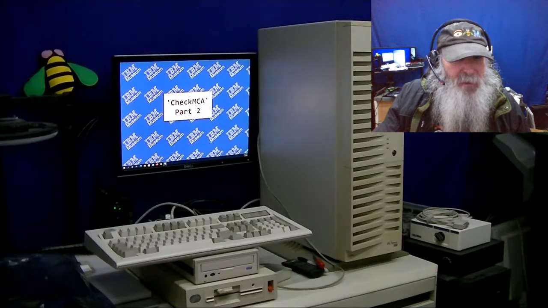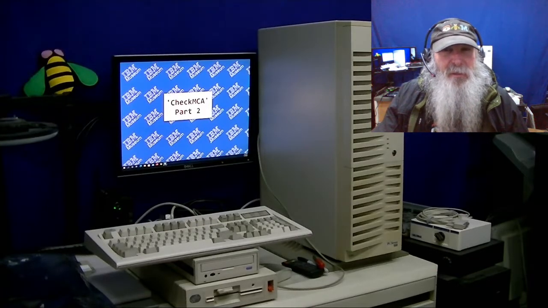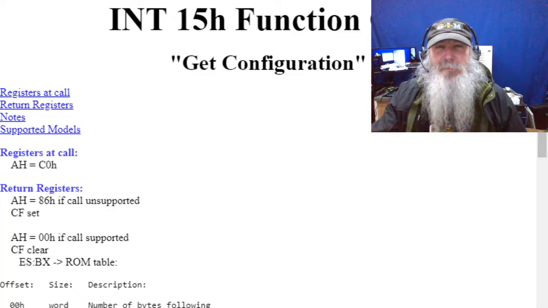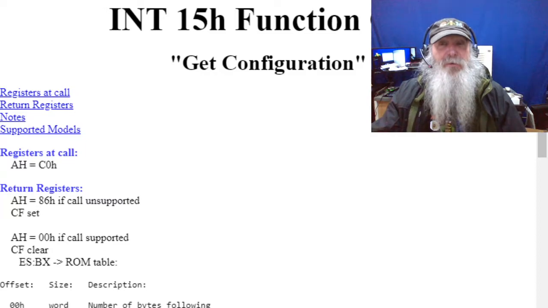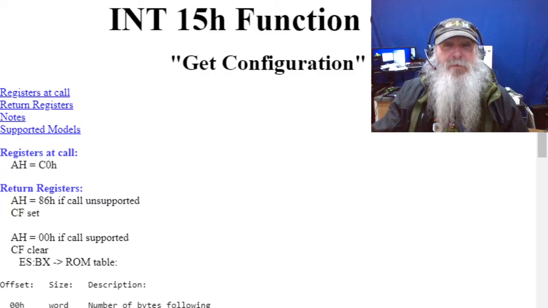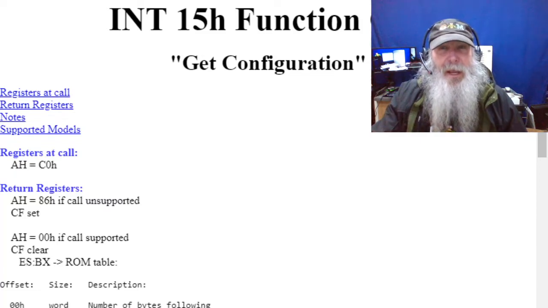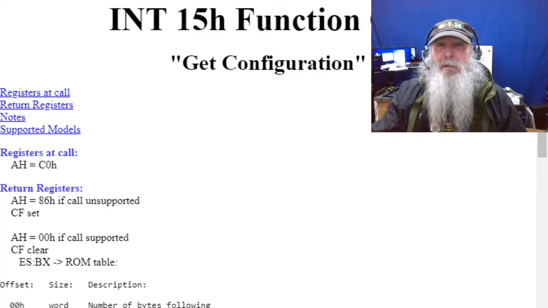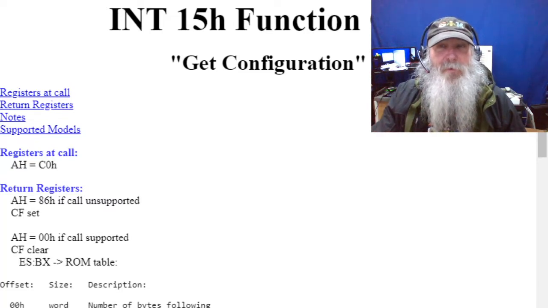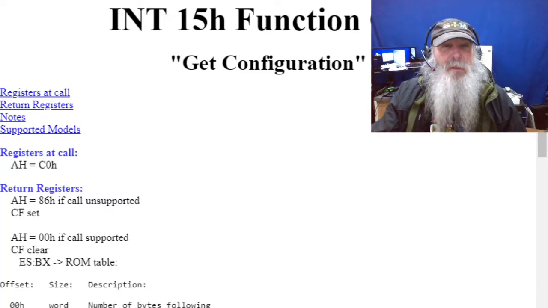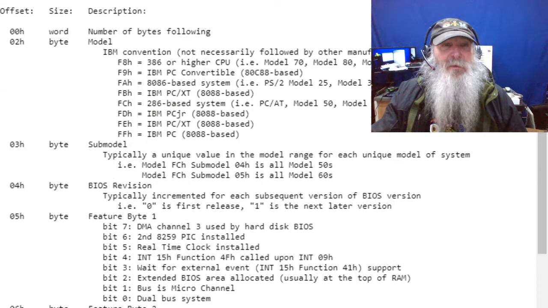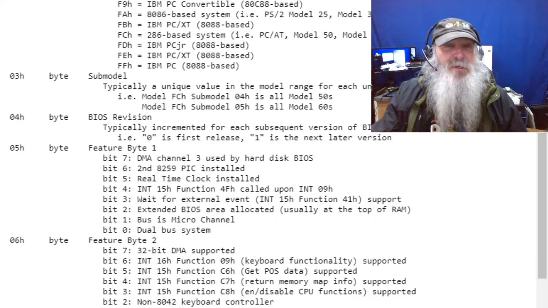But I wanted to show this: get configuration, where it retrieves what's called the system descriptor table. I can probably leave my image up there. I might even have to move my image around for some of the camcorder view, but it's going through feature byte 1.